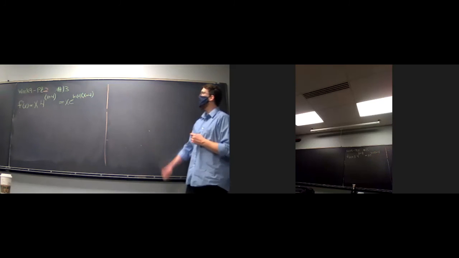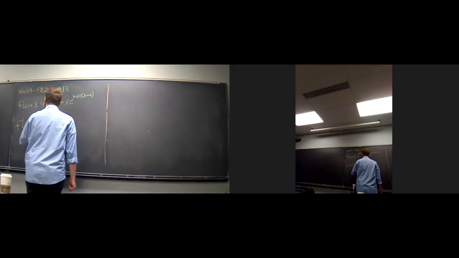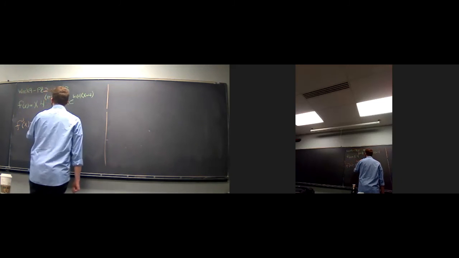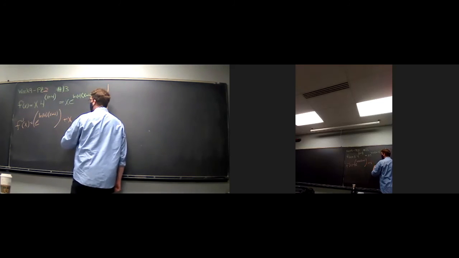Now, when we calculate this, we're going to have to apply the product rule, right? So f prime of x is going to be e raised to the ln of 4 times x plus 4 times the derivative of x, which is just 1, plus x times the derivative of this thing.